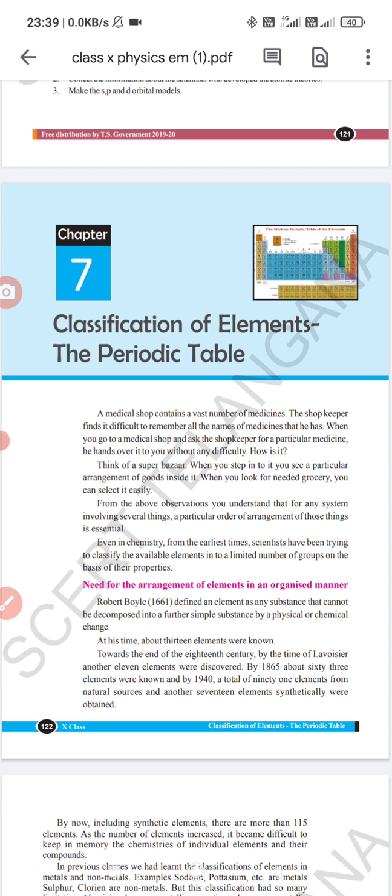By 1865, about 63 elements were known, and by 1940, a total of 91 elements from natural sources, which we get from nature, and another 17 elements obtained synthetically, artificially, not naturally.